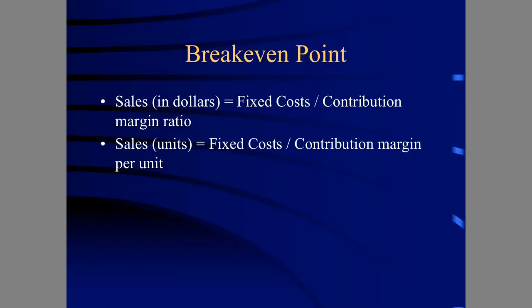We talked in a prior lecture about break-even point. Break-even point is where our sales equals our fixed cost plus our contribution margin ratio, which takes into account our variable costs.